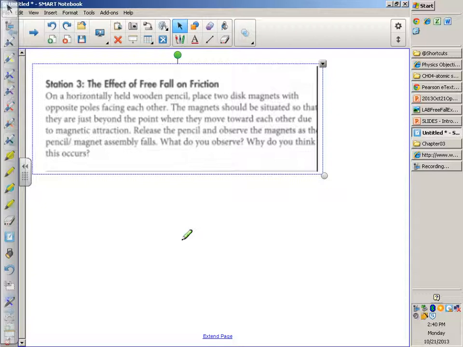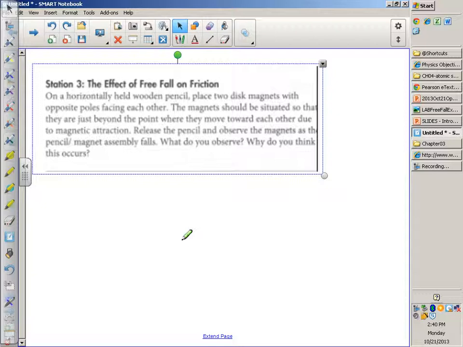All right. If I take these two magnets and put them on this book, like this, okay? What do you not see now? What do they not do? They don't come together, right? Is that because they're not attracting each other anymore?